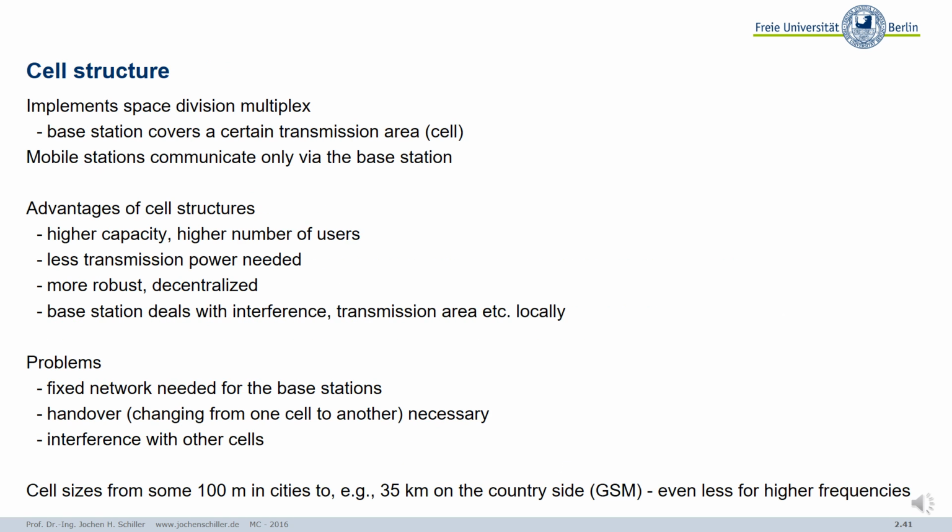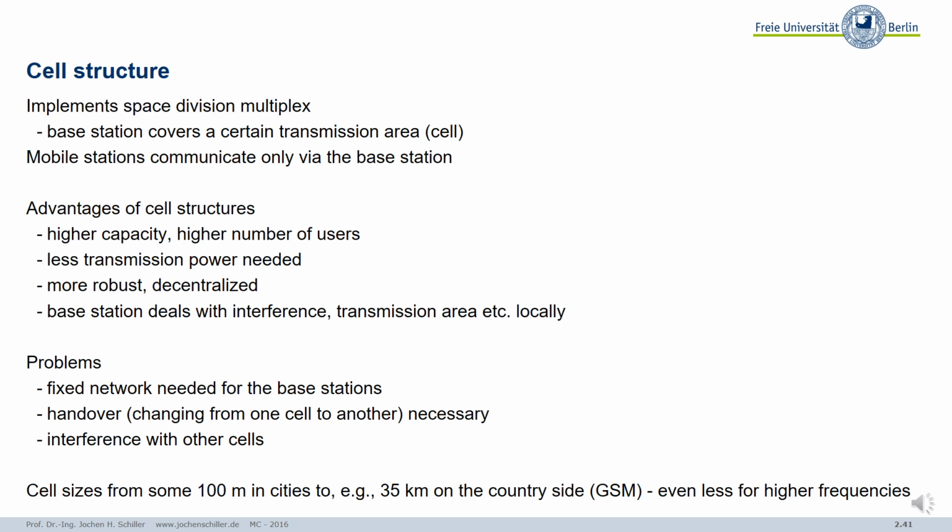Okay, and then we're still at these very low layers. Just to complete this, in the next chapter I will explain how all these fancy things work. But here, to give the complete picture, we started with simple antennas, and together with the GSM system came a so-called cell structure.